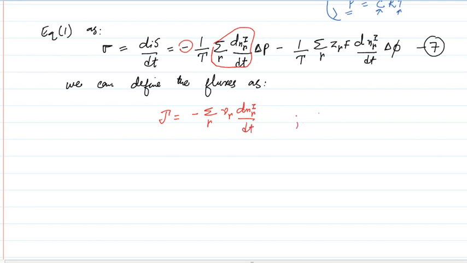And similarly we can define the current flux here as minus summation over gamma of z gamma F dn gamma first upon dt.